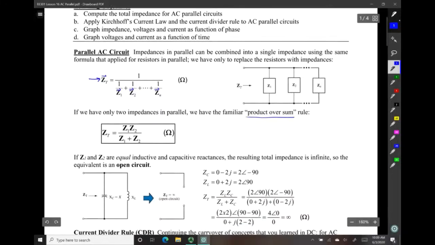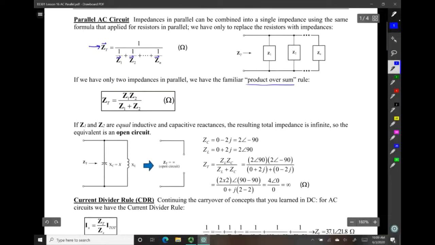Now, as you may recall when we were discussing series elements, when we had an inductor and capacitor with equal reactances, the resulting impedance was 0, which created a short circuit. Now when we have parallel elements and we have an inductor and capacitor whose reactances are equal, the resulting equivalent impedance is infinite, which gives us effectively an open circuit.